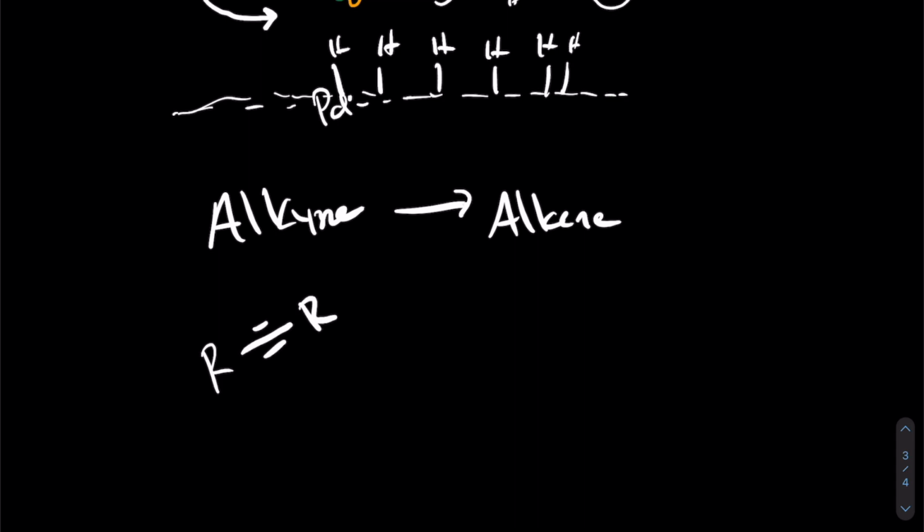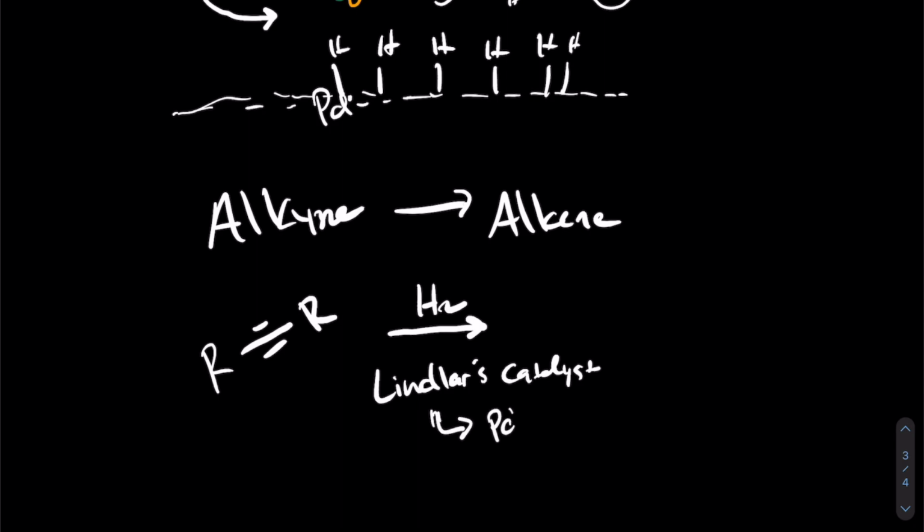So if you use something called Lindlar's catalyst in the presence of H2. Lindlar's catalyst has been poisoned. It's a palladium catalyst deposited on calcium carbonate or barium sulfate, and then a little bit of lead is added, or sulfur, I guess.